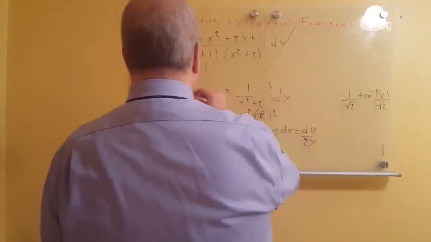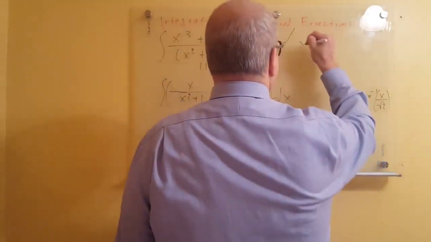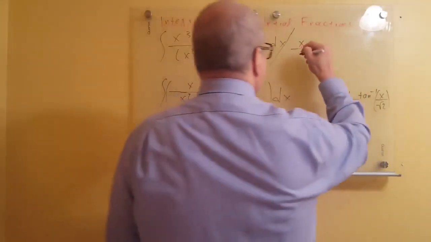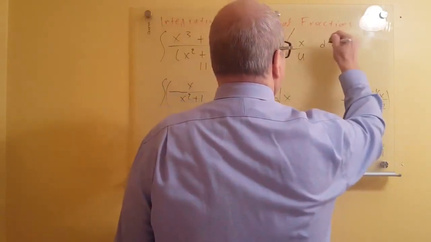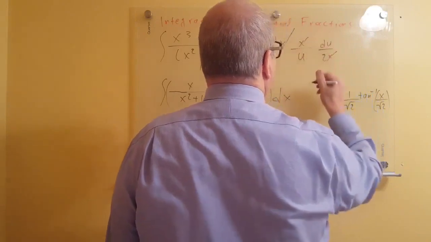So we have the integral of x over x squared plus 1. So this we write as x. Wherever x squared plus 1, we put the u, and wherever the dx we put du over 2x, so this cancels with this.